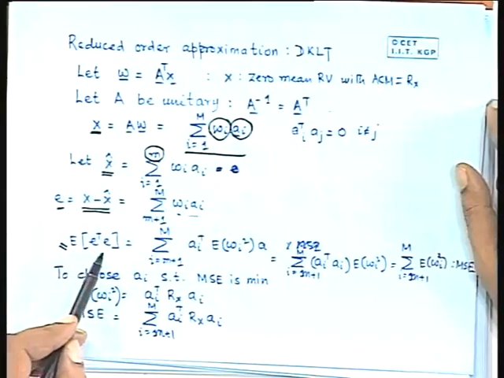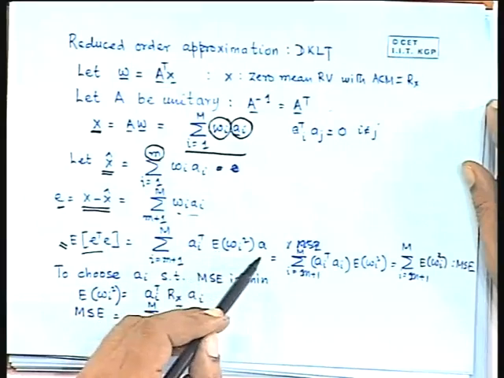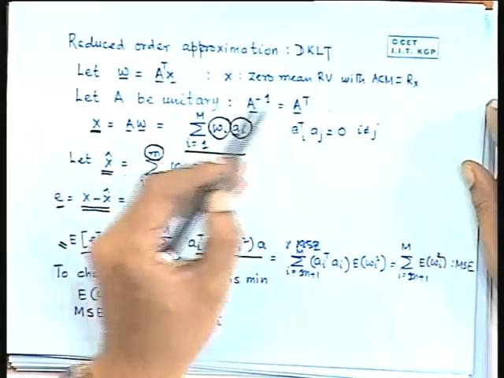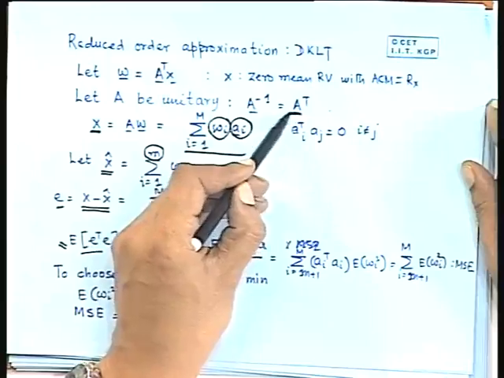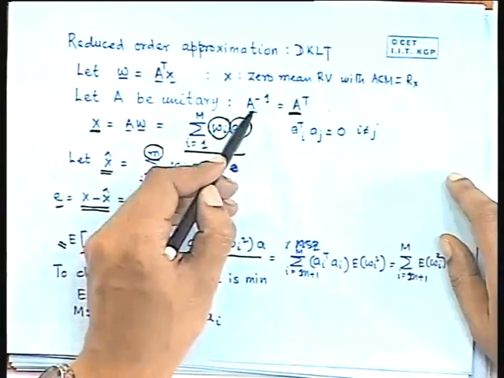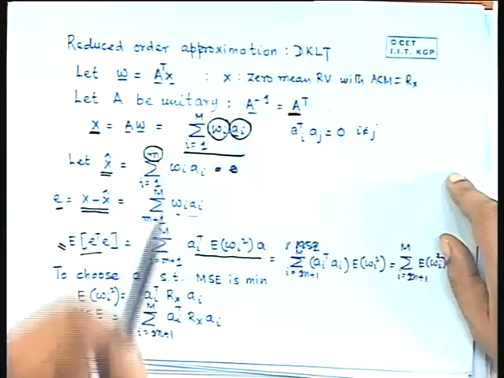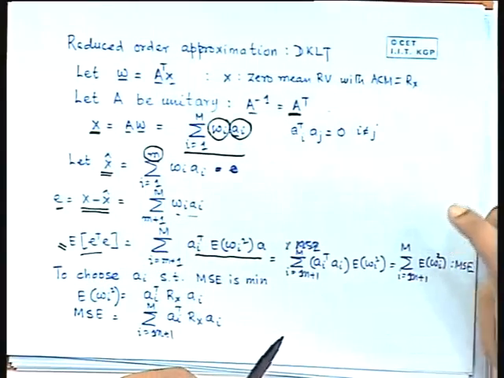Now I find the power of the error, that turns out to be this, a_i transpose, this A matrix we will definitely choose as what is known as a unitary matrix, that is, A inverse equal to A transpose. Note that in our case Q inverse was equal to Q transpose, so the eigenvector matrix is a unitary matrix, but there can be other unitary matrices which are not eigenvector matrices.